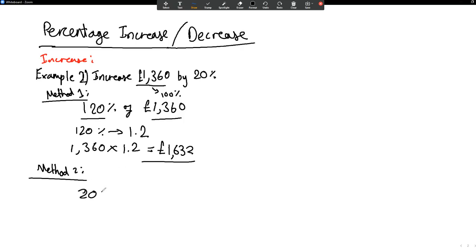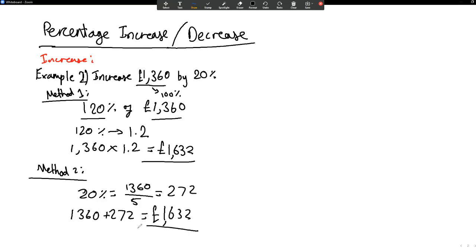So 20% would be equal to 1,360 divided by 5, which is 272. And we just add that onto the 100% to get 120%. So we'd have 1,360 plus 272, which gives us the same answer using both methods.